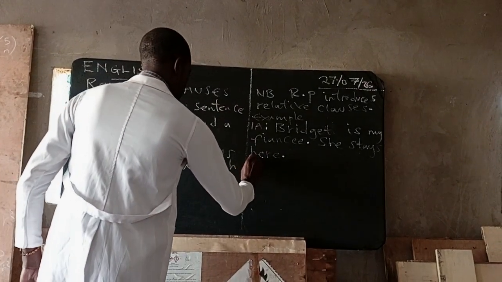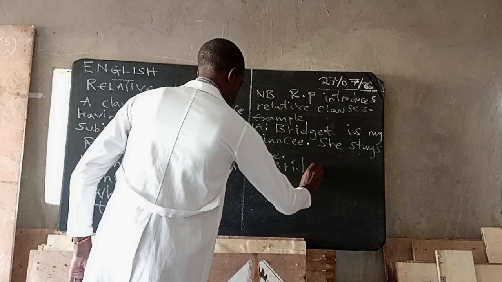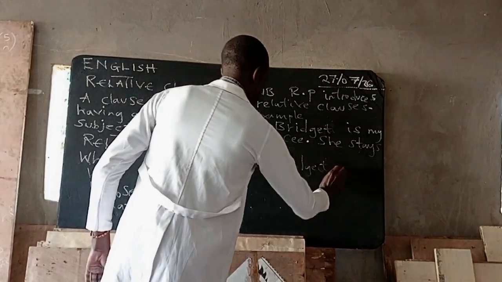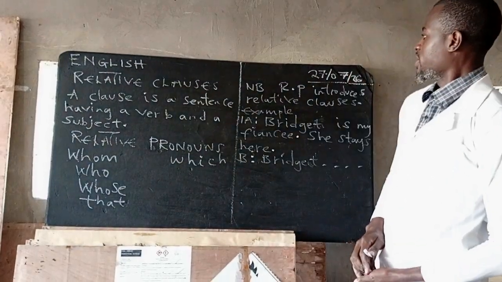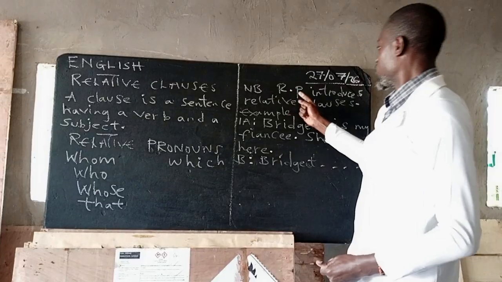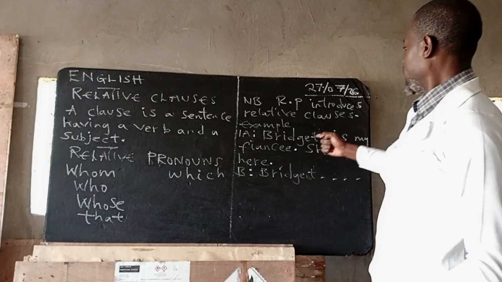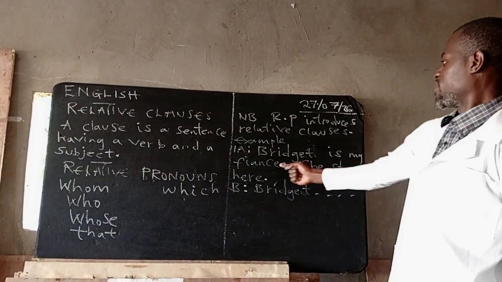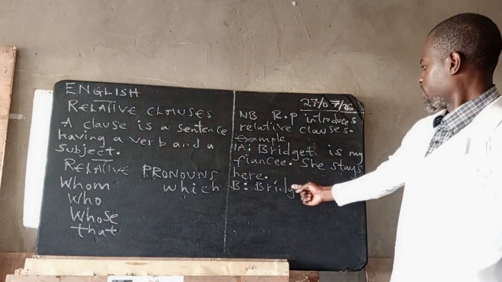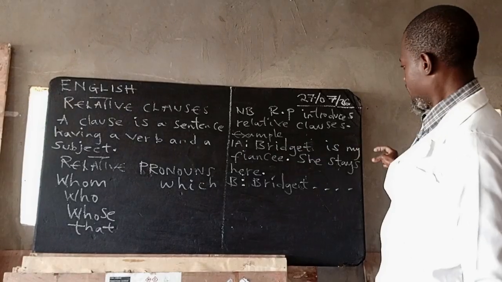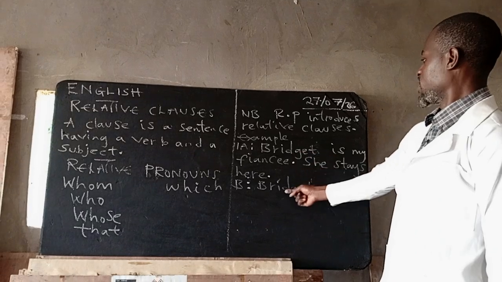If you're following, as you can see, relative pronouns introduce relative clauses. Now look, they want us to transform this into one sentence, starting with Bridget. See, even here, starting with Bridget.